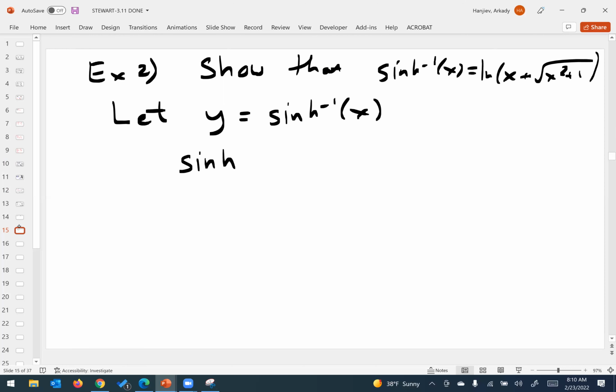Everybody agreed there. Okay, I just kind of moved it to the other side. I made it back into the original hyperbolic sine function. We're good there. Switch it around. I'm going to say, okay, that's true. Then this is also true.